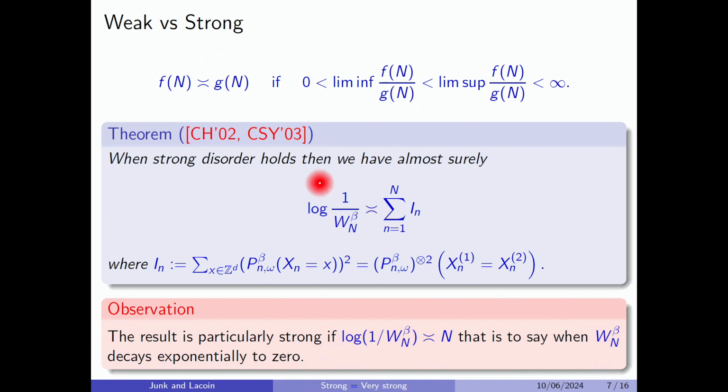So in the strong disorder phase, Wn goes to 0. So log 1 over Wn goes to infinity. Okay? And what Carmona-Hu and Comets and Yoshida have proved is that, when n goes to infinity, this is asymptotically equivalent to the sum of the In, where In is the probability that two polymers sampled independently share the same endpoint.